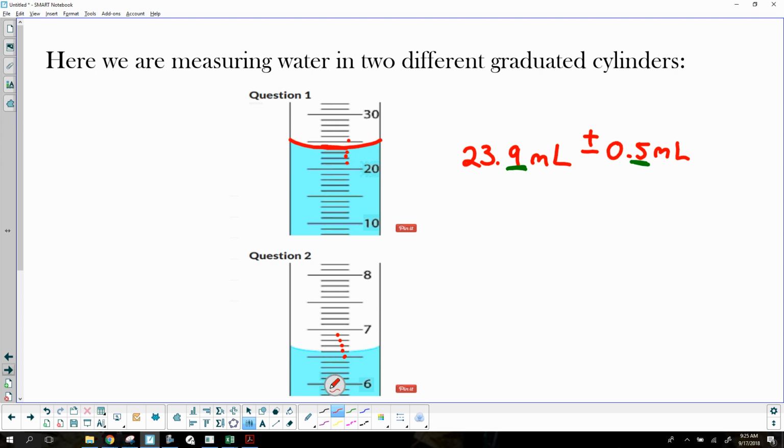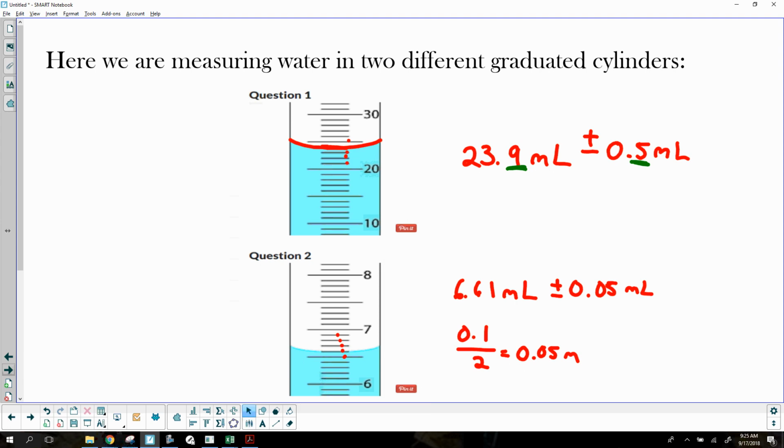So I'll look and say, all right, 6.61 milliliters. Since I'm going up by 0.1s, 0.1 divided by 2 is 0.05, so it's just like our ruler, plus or minus 0.05 milliliters.